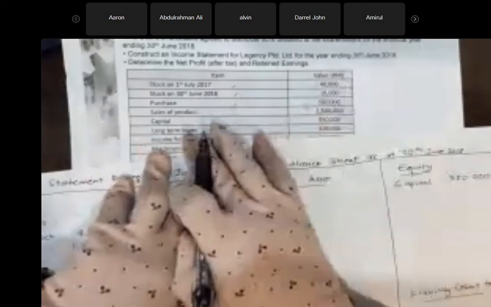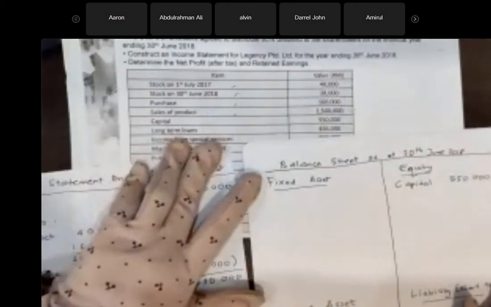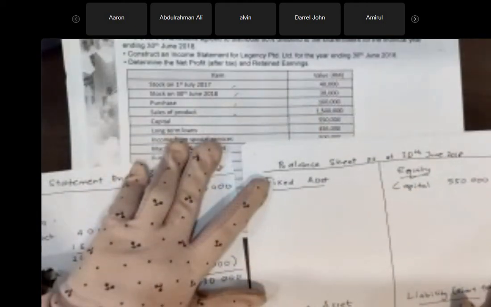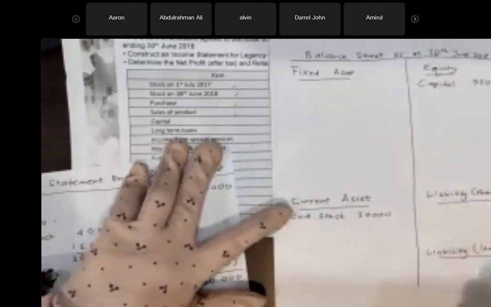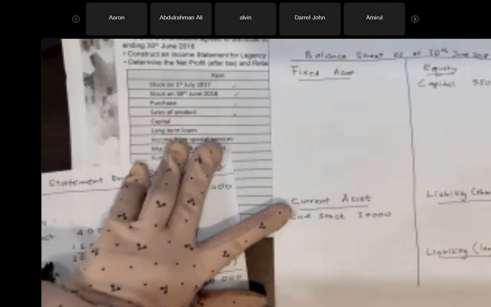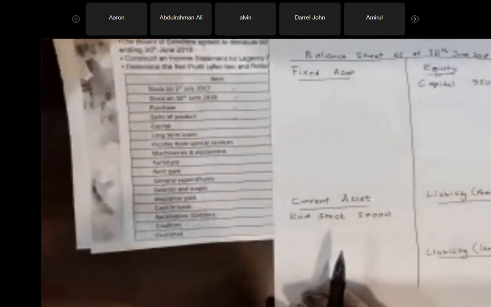Okay, just leave it. Okay, then long term loans. Where should we put long term loans? Pinjaman jangka panjang.